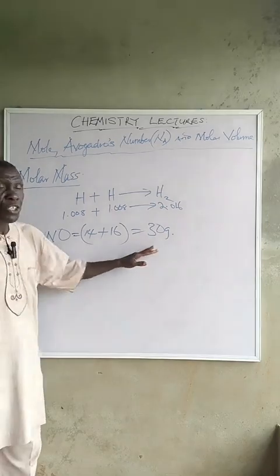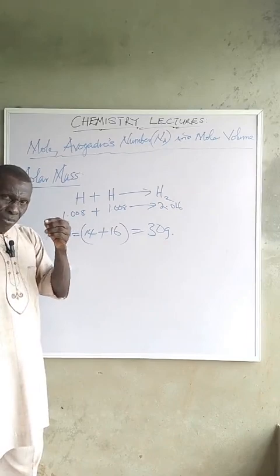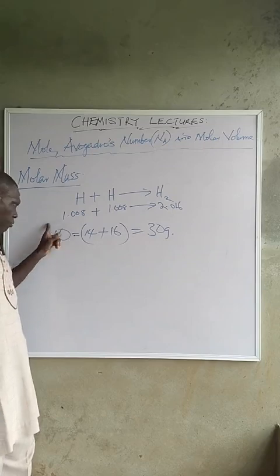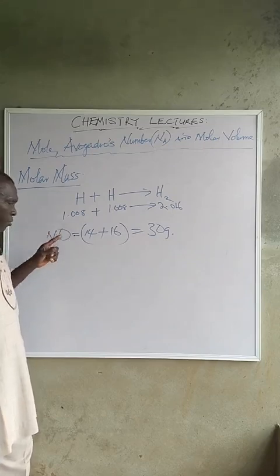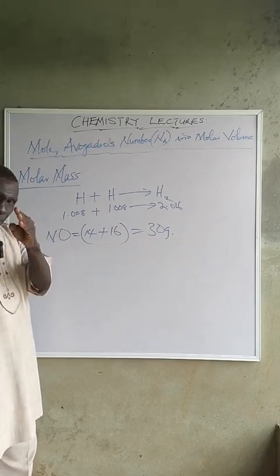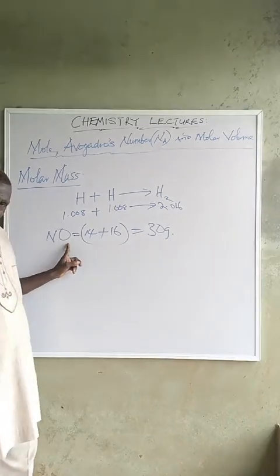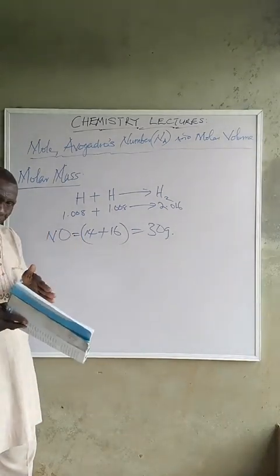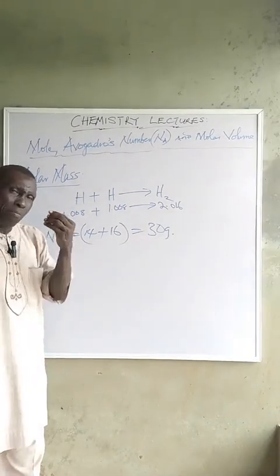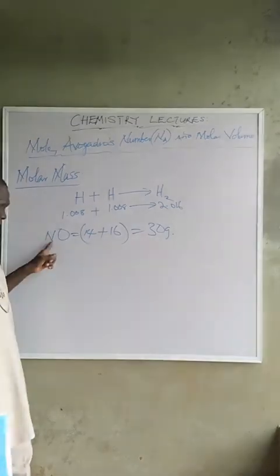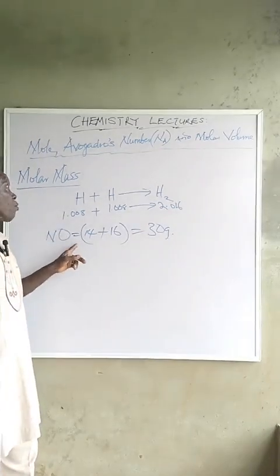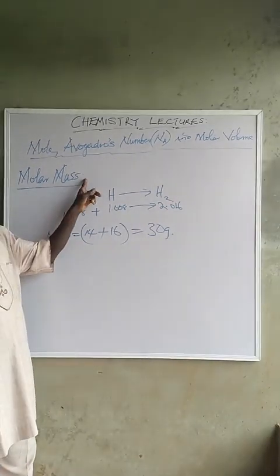So without even the equation, those of you doing chemistry will understand that this is now a molecular formula of nitrogen 2 oxide. And there we have two elements, nitrogen and oxygen. They have already combined to form this product. Now the relative atomic mass of nitrogen and that of oxygen will give you what we call the molar mass.